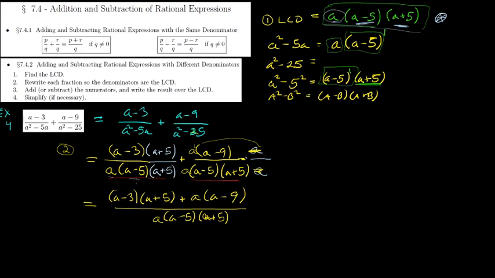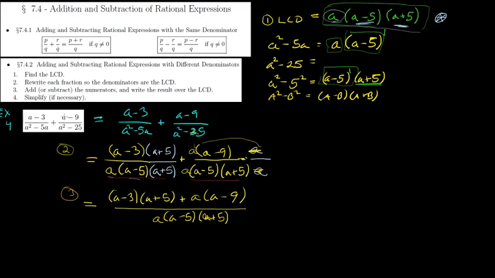Originally, they weren't equal. By finding the LCD and multiplying by the a and the a plus 5 here, we ended up with the same denominator now. So that allows us to add the numerators in step 3. So, of course, this was step 3. Oops. Step 3 here. Okay. All right.